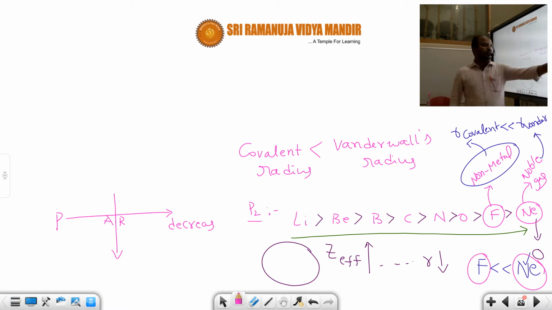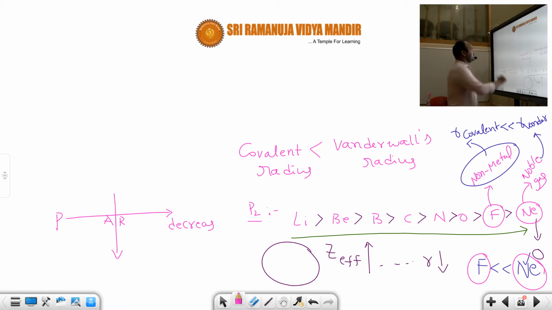Noble gases have van der Waals radius. Non-metals like fluorine, oxygen, nitrogen, carbon have covalent radius. Compared with covalent radius, van der Waals radius is maximum. That's why neon has more size than fluorine.